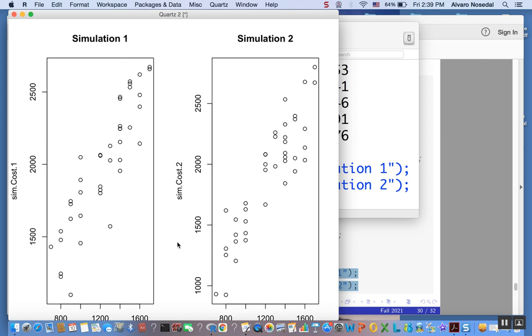Okay, so let's recap. In this video, we talked about the assumptions made in the classical simple regression model. Basically, we're assuming that the relationship between the mean level of y and x is linear, represented by a straight line.